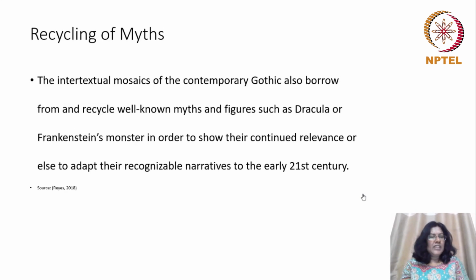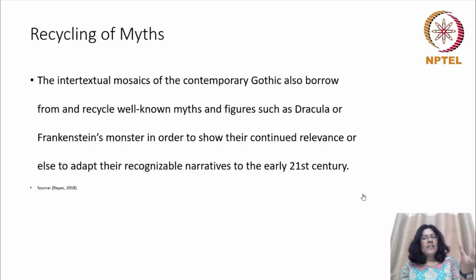We also have this intertextual mosaic of the contemporary Gothic, which borrows from and recycles well-known myths and figures such as Dracula or Frankenstein's monster in order to show their continued relevance, or else to adapt their recognizable narratives to the early 21st century.